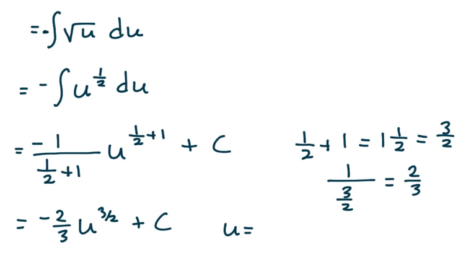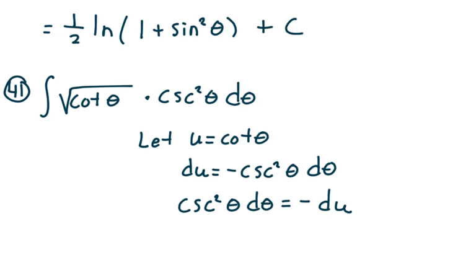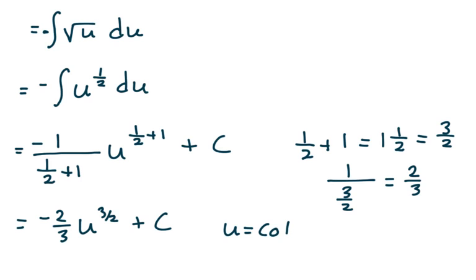But u is cotangent theta. So I'm done. This is equal to negative 2/3 times cotangent theta to the 3/2 plus c.